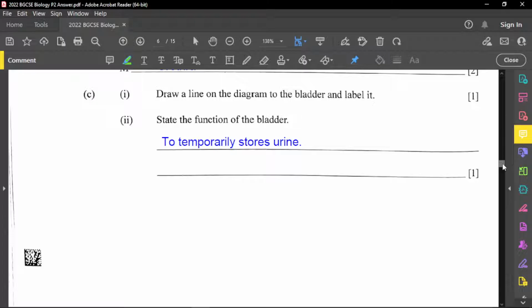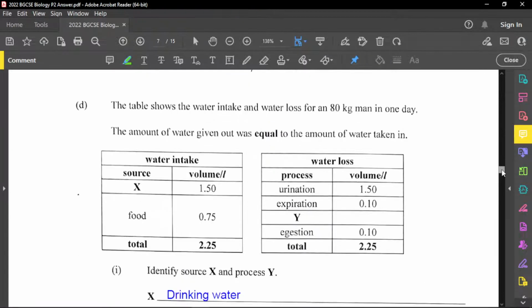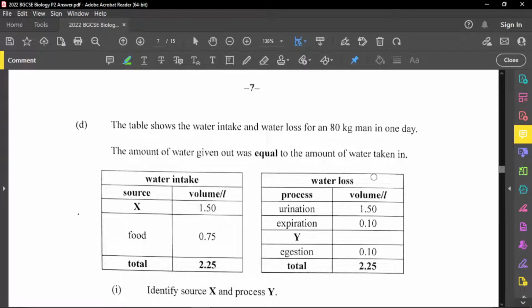All right, next part of the question is this, part D. It's a table that shows the water intake and water loss for an 80 kg man in one day. It said the amount of water given out was equal to the amount of water taken in. So water intake and water loss, the same amount was taken in, the same amount was lost.